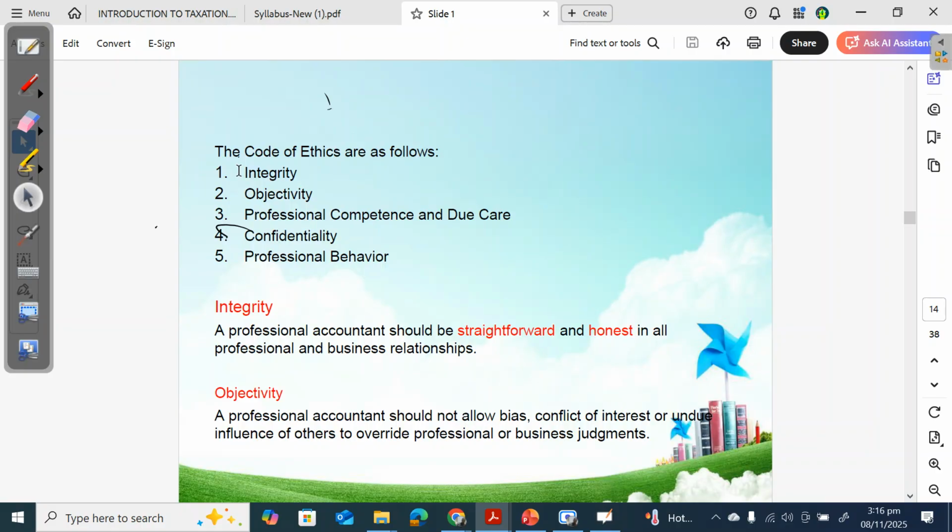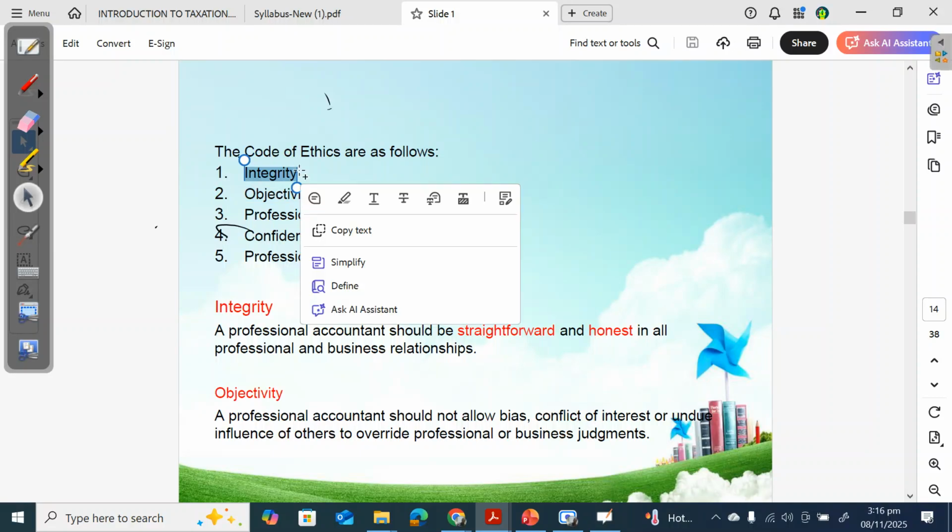Integrity. What is integrity? Integrity is the quality of being honest, of being blameless, of telling the truth, standing firmly to what you believe, and not being moved by what others will say.